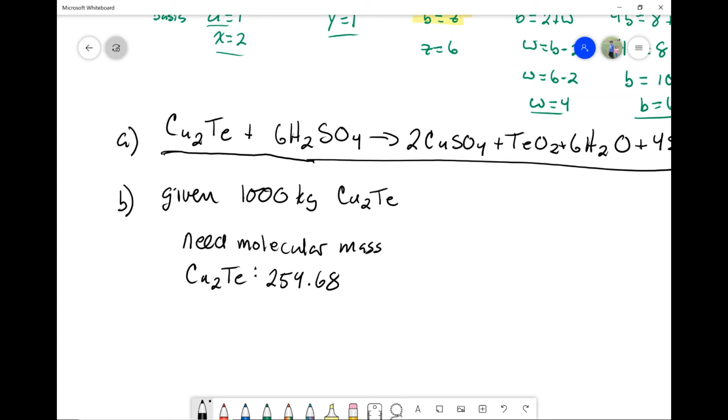$254.78, according to Google. The molecular mass of sulfuric acid is, I looked this one up earlier, 98.08.